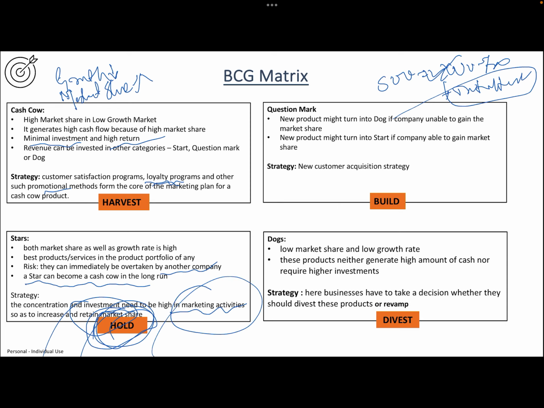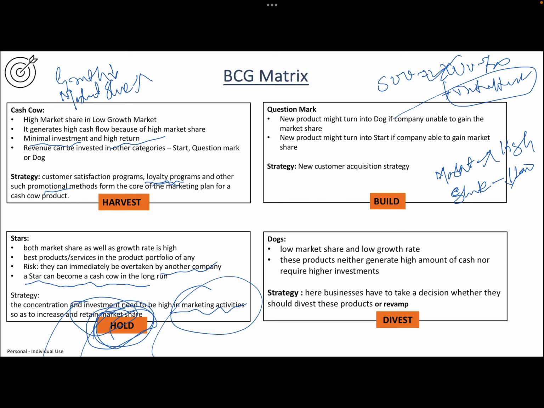Question mark. Question mark is a situation where the market is growing fast, but our company share is low. In this case, the company should introduce new products and try to acquire the market.